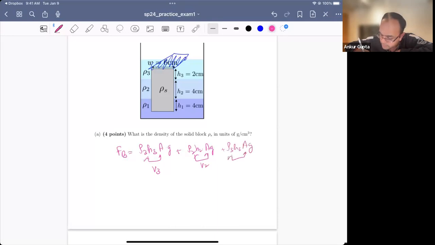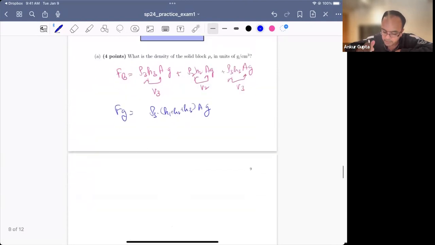This is the volume 1, and this should be equal to F gravity, which is equal to rho s times H1 plus H2 plus H3 times A times g.